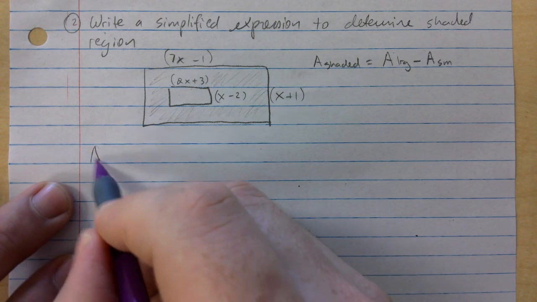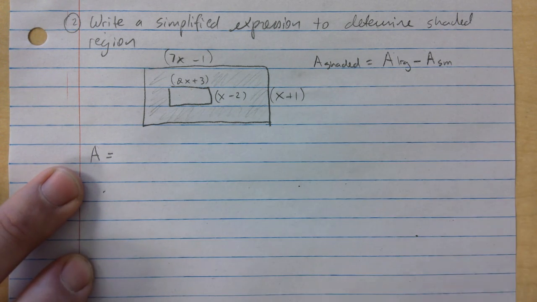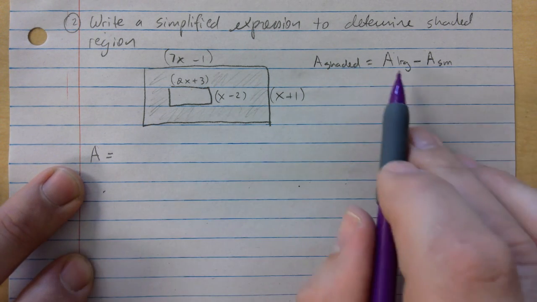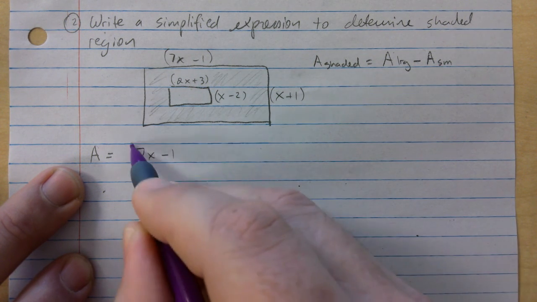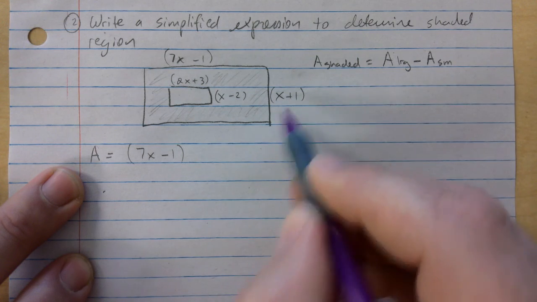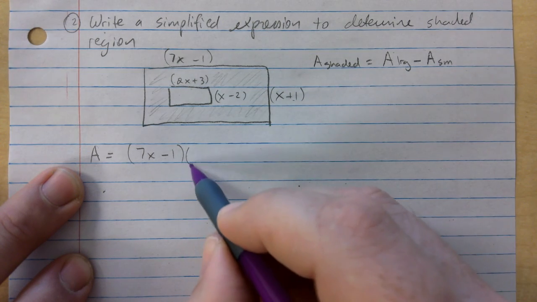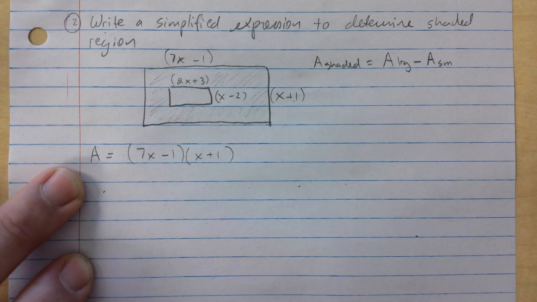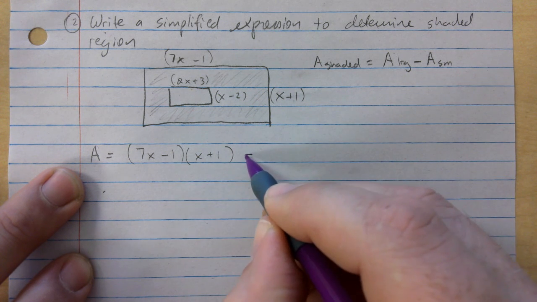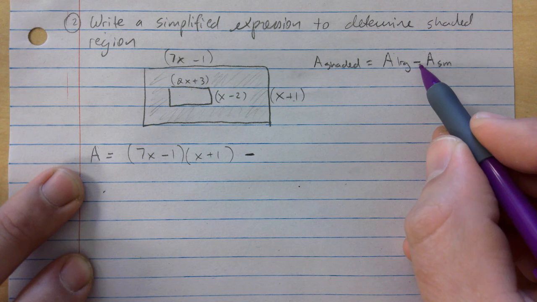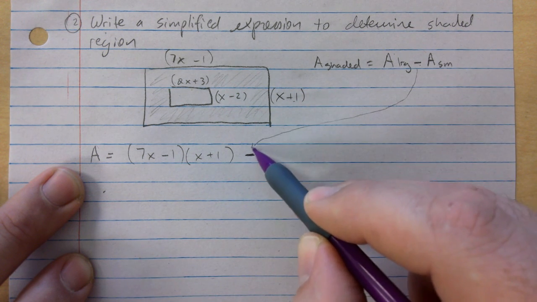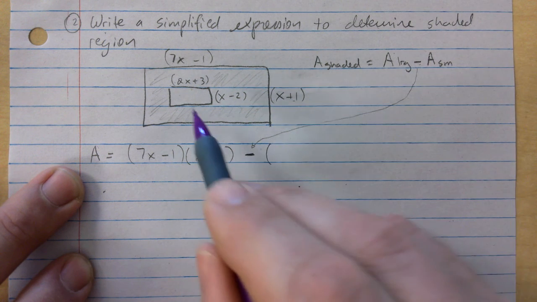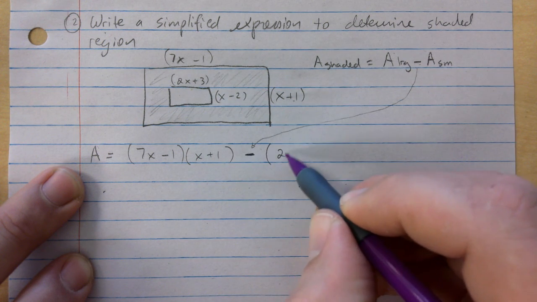So the area that we're after would be the area of the large, 7x minus 1, times, so it's length times width, really, like that. This is the area of the large shape minus, that comes from this, right? This negative is going to follow us into here. You go length times width of the inside.